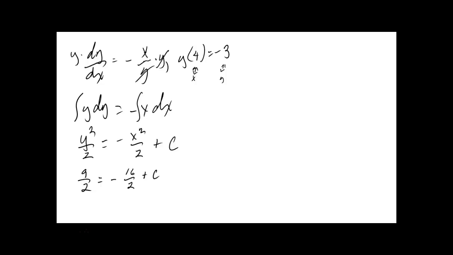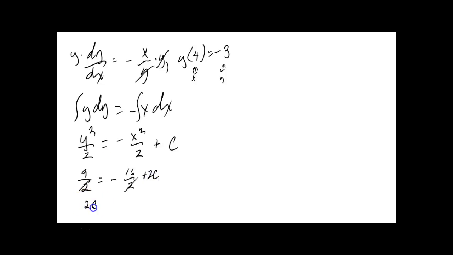Okay. All right. Now, to answer what De Silva said, I would move the 16 over 2 to the other side, isolating the c, or multiplying by 2, either one. Which way do you want to go? Multiply by 2. So this will be 9, and that'll be a 2c.